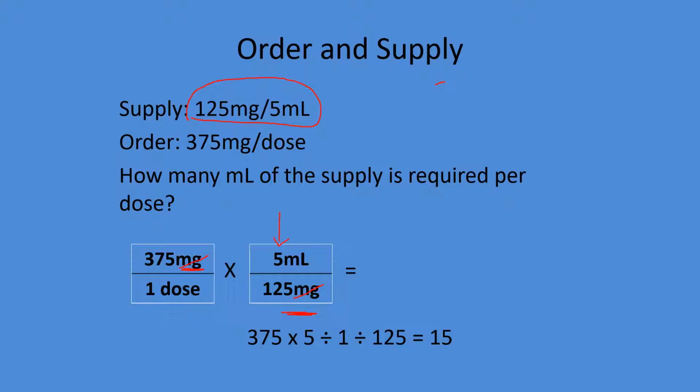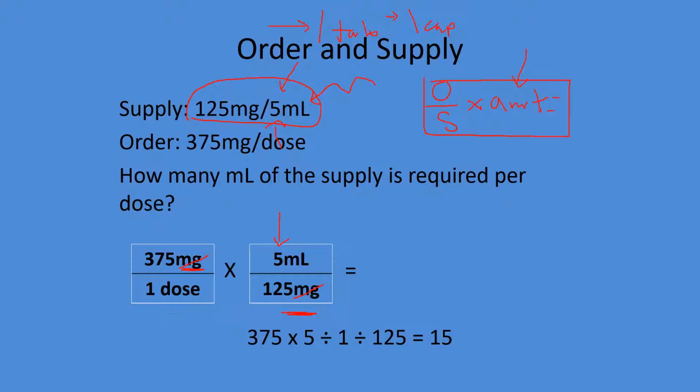So here's the shortcut. Order over supply times the amount. Right? And the amount is how it comes right here. So normally we just use one tablet, one capsule, and we just ignore the 1. But now it's no longer a 1, so we have to take it into account. And all we do is multiply by it. So let's try it.